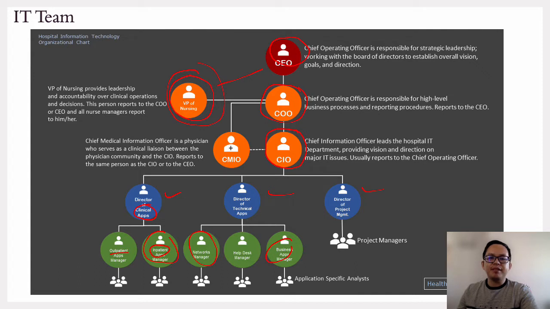Okay. Next one is the help desk manager. The help desk manager, desktop support and help desk, supports PCs, laptops, printers, and other devices in the hospital. We see them. We also call them the biomedical. We see them all the time because they are computer guys.